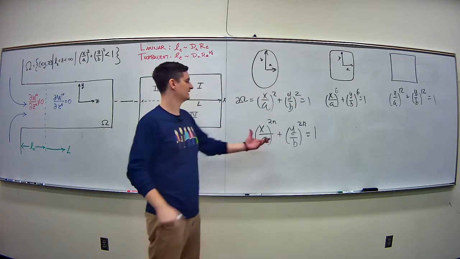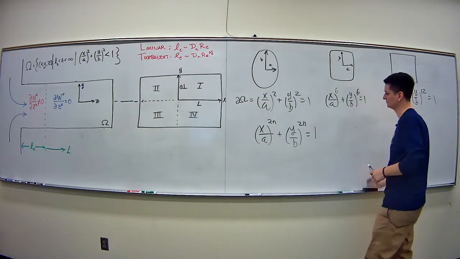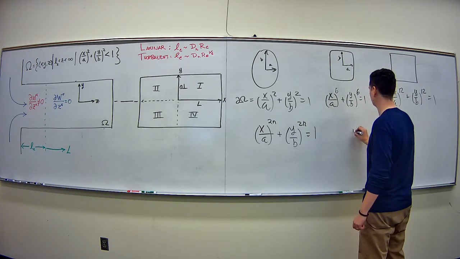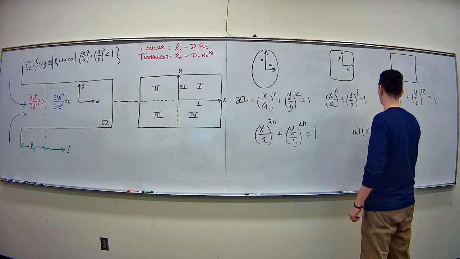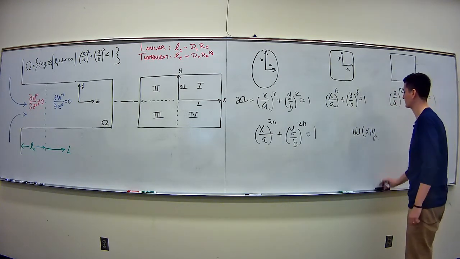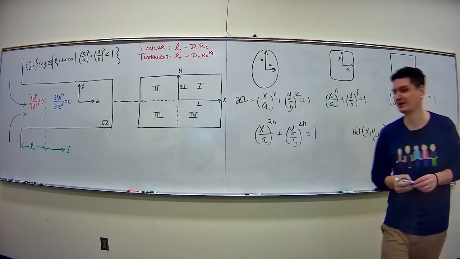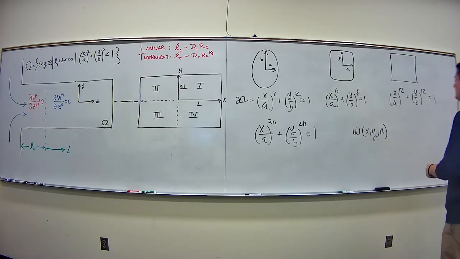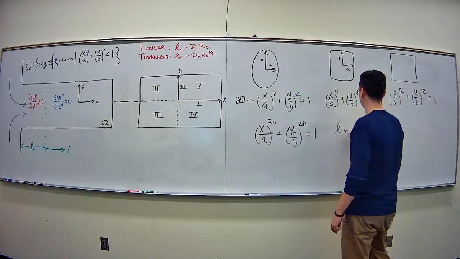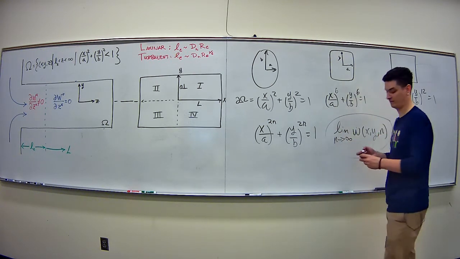And then your solution, the solution would be some sort of function of everything that you have, but also an n would pop up in there. And then you could look at the solution, and then maybe to get this one, you could try to take the limit of n to infinity.